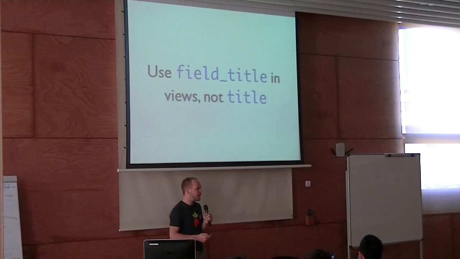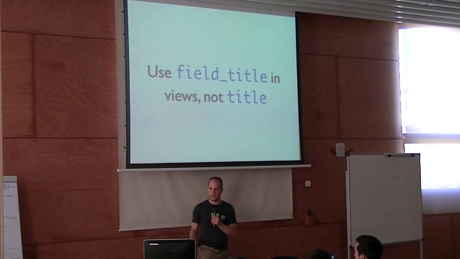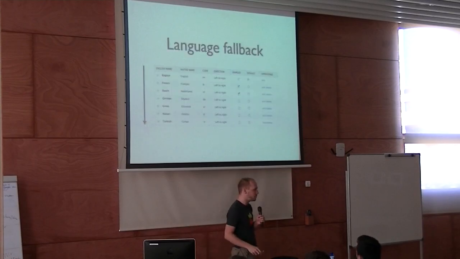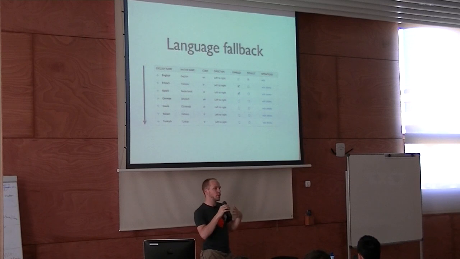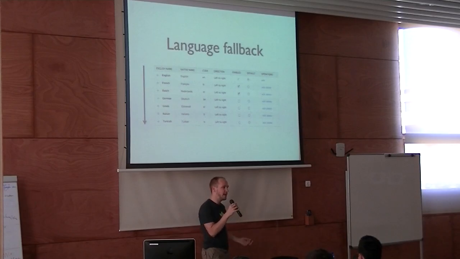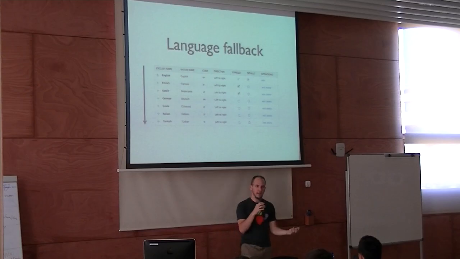Another nice advantage of entity translation is the language fallback. With the standard translation mechanism, what you typically get is that all the content that is available in your language is displayed. If you have menu items, if that content is displayed in navigation, it will be displayed when you have that language.